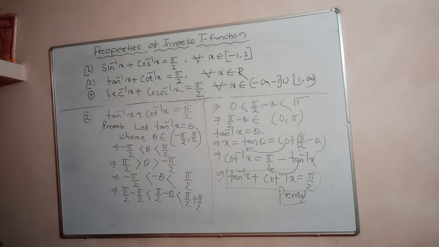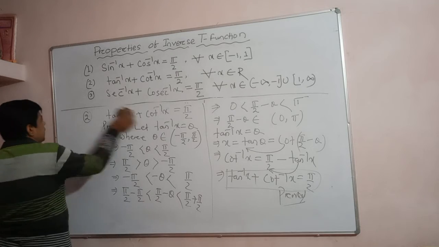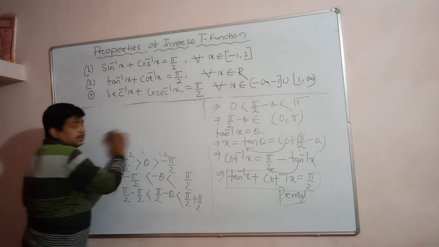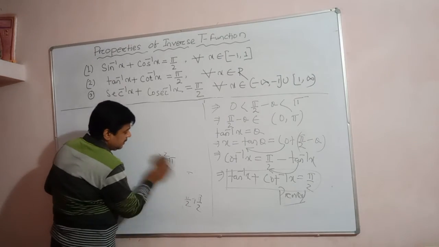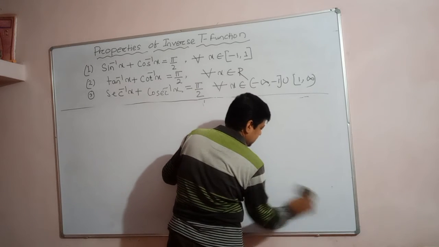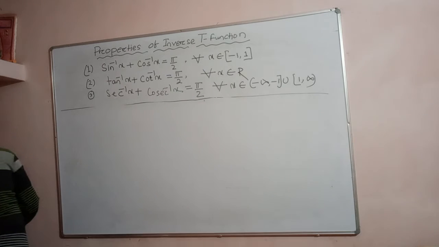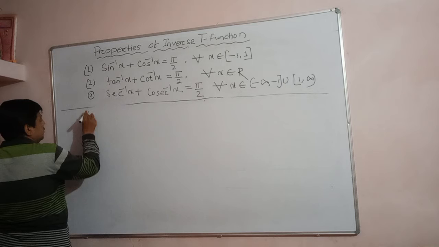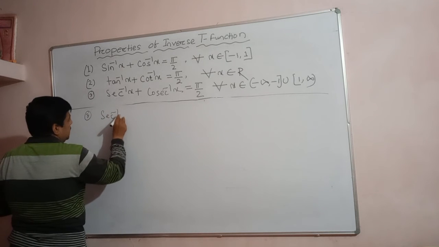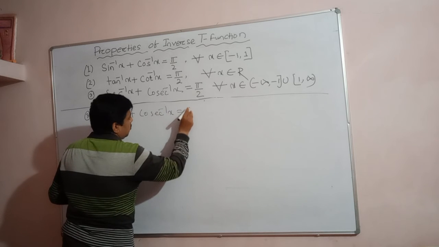The third point we have to prove. Okay, the third point you write: sec inverse of x plus cosec inverse of x is also equal to pi by 2.